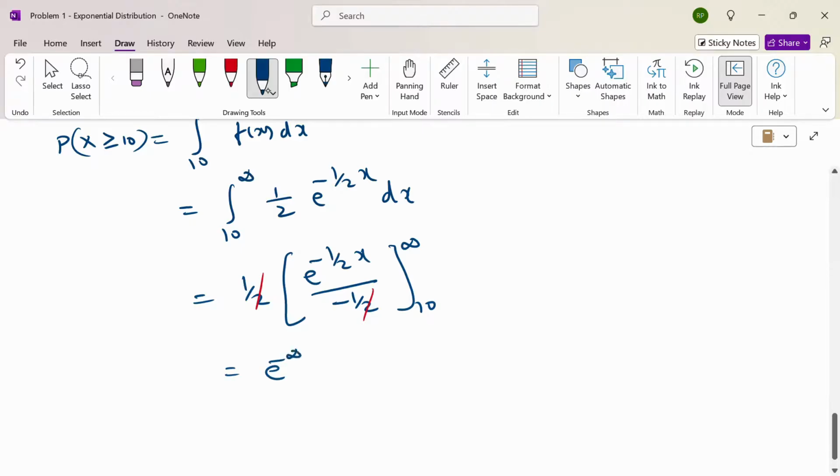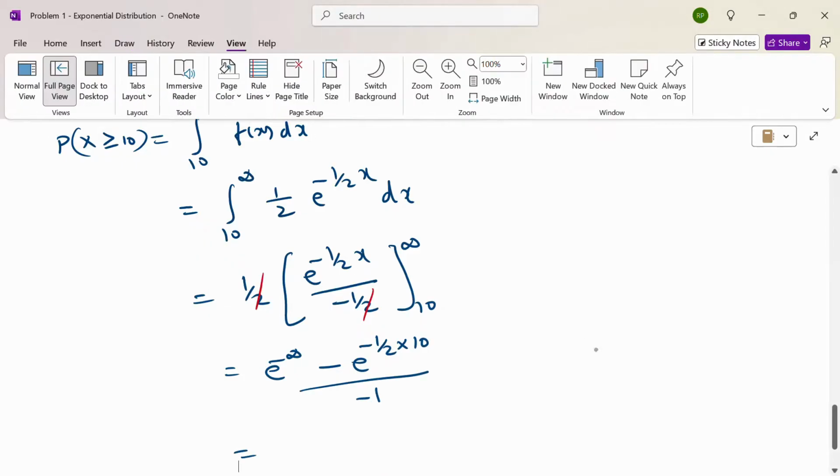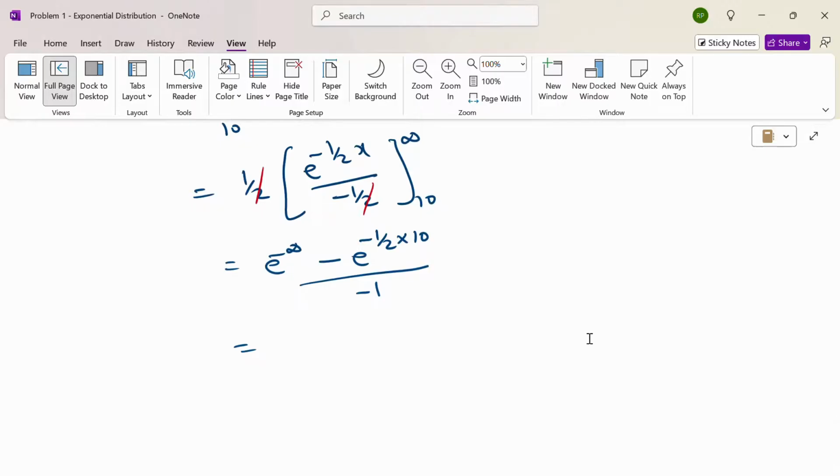E power minus infinity minus e power minus 1/2 into 10, over minus 1. E power minus infinity is 0, minus minus becomes plus, so the value is e power minus 1/2 times 10, which is e power minus 5. So this is x greater than or equal to 10.